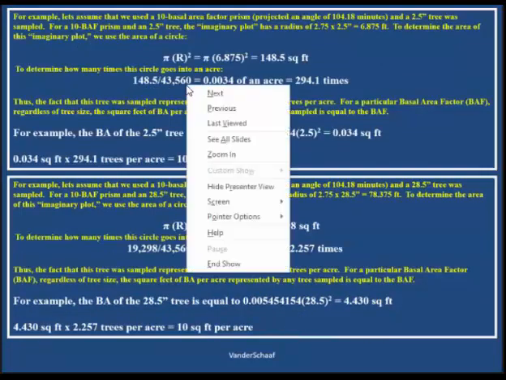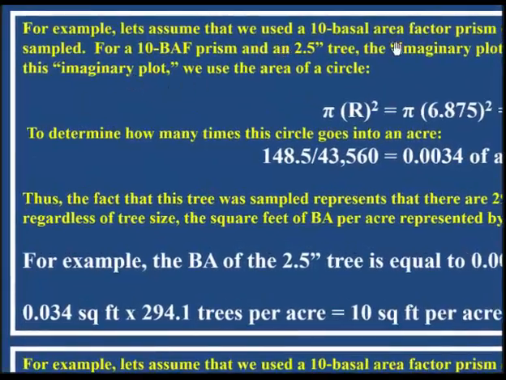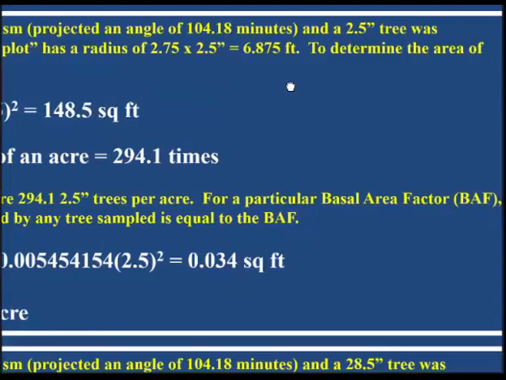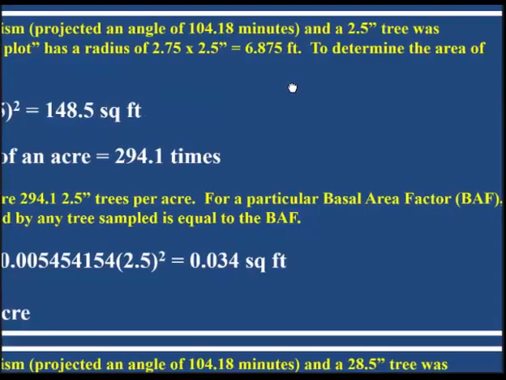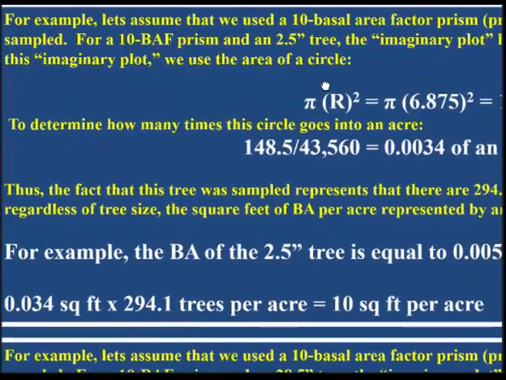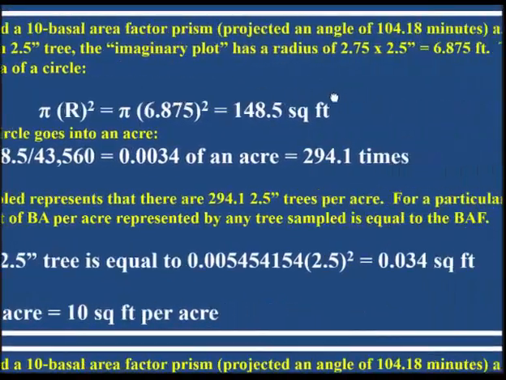Okay, so let's say instead we are also using a 10 BAF prism, projecting a 104.18 minute angle, and a 2.5 inch tree was sampled. Now, that tree has a lower probability of being sampled than the 11.5 inch tree. Why? Because its imaginary plot is smaller.